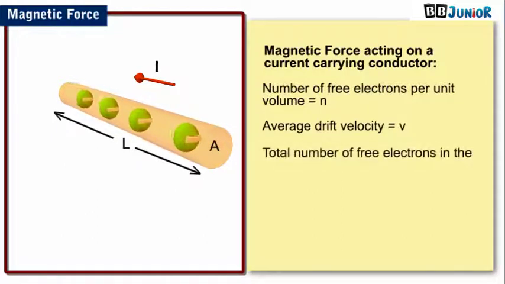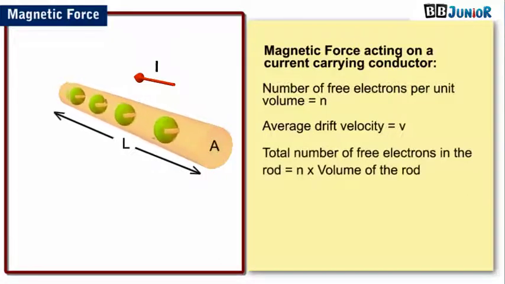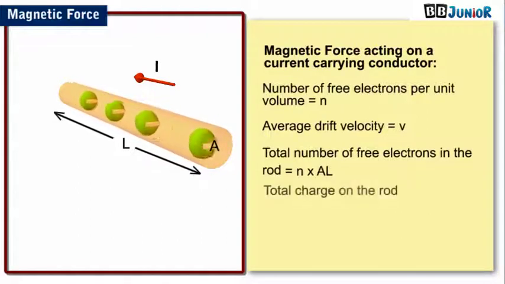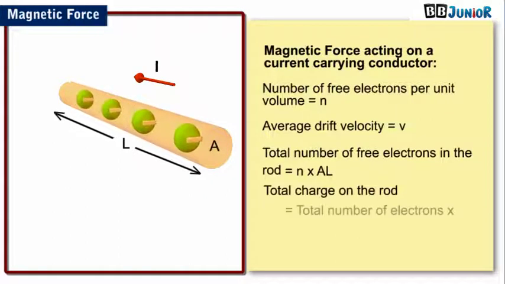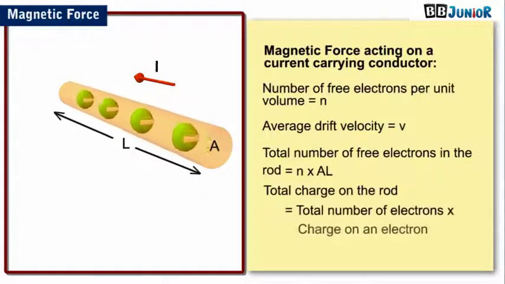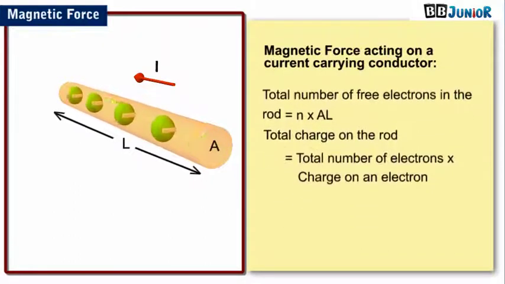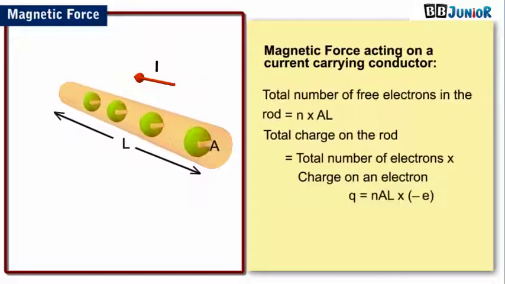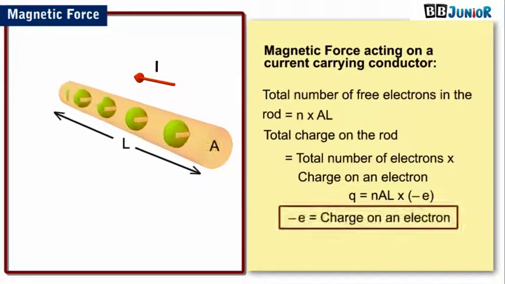Then, the total number of free electrons in the rod is equal to N times the volume of the rod, which is equal to N into AL. The total charge on the rod is equal to the total number of electrons multiplied by the charge on an electron. That is, Q is equal to NAL multiplied by minus e, where minus e is the charge on an electron.